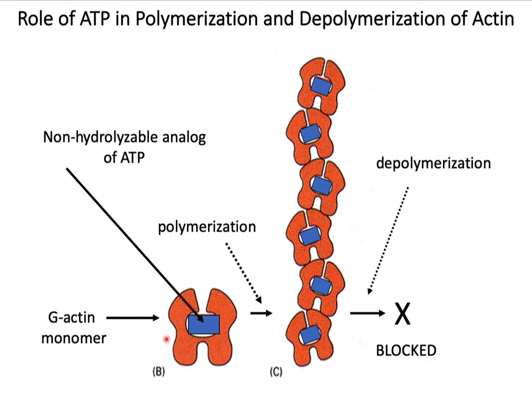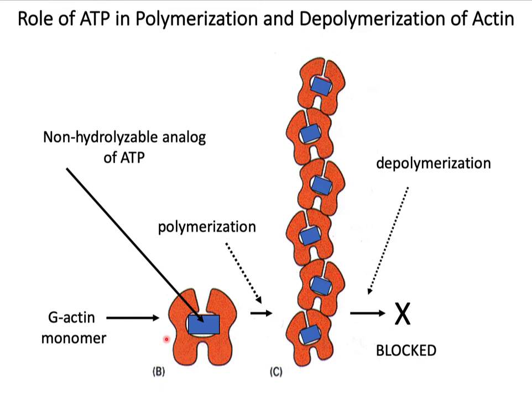G-actin monomers were charged with a non-hydrolyzable analog of ATP. What I mean by this is that it is a molecule that looks like ATP, but it cannot be hydrolyzed to ADP. So it is permanently ATP. Then these ATP analog-charged G-actin molecules were allowed to polymerize in a test tube, and then they were allowed to depolymerize.